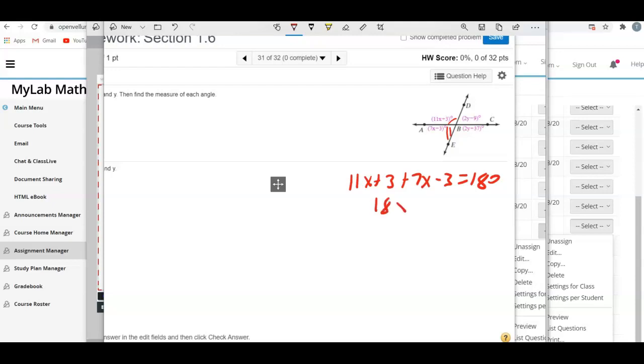So 18x equals 180, x equals 10. And then you could do the same thing with the y's. 2y minus 9 plus 2y plus 37 equals 180. I'll let you finish that one off. But basically that's how you could solve that one.